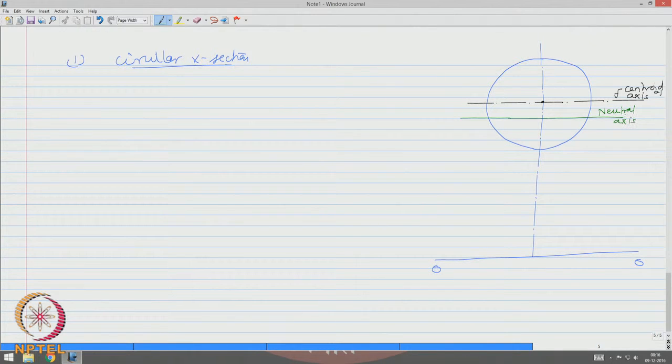We know that this shift is e, and we also know that this distance is R.